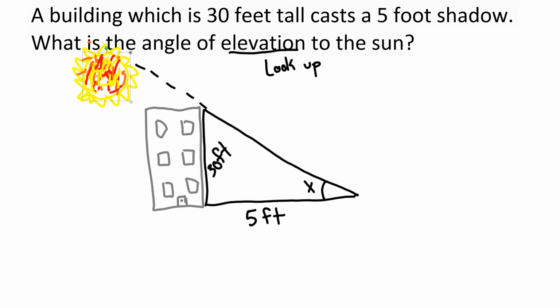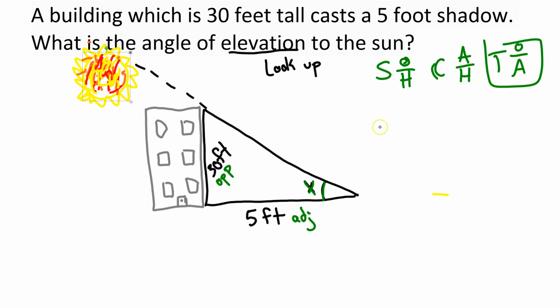So what we want to do is basically we're going to do the same thing we always do. We're going to find this angle of elevation by following the same 4 steps. First, identify your angle. Well, here's the angle. Step 2, identify your sides. Well, 30 is opposite and 5 is adjacent. Then pick your trig function. So remember, SOH CAH TOA. The one with opposite and adjacent is tangent.